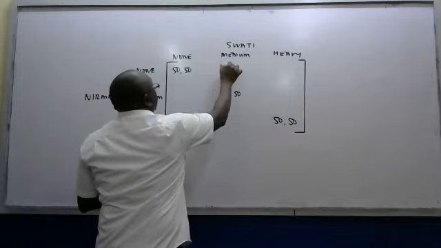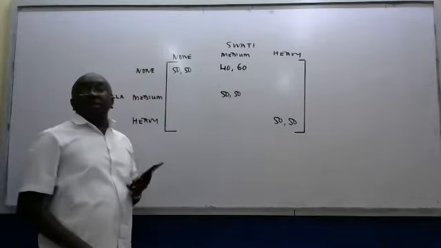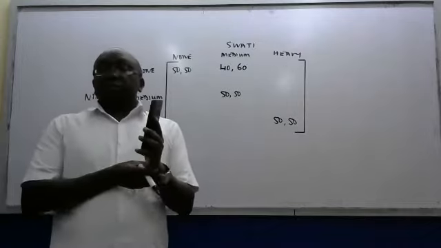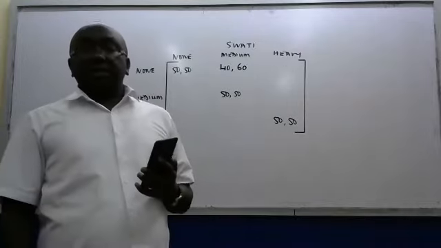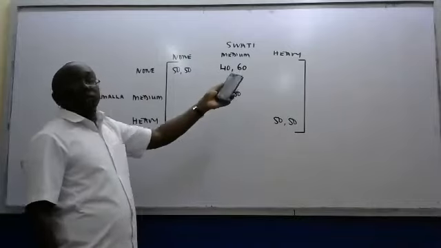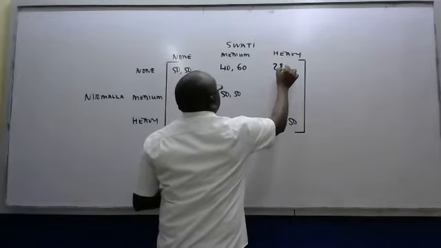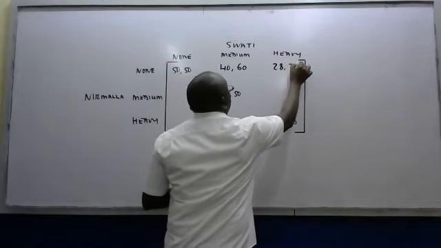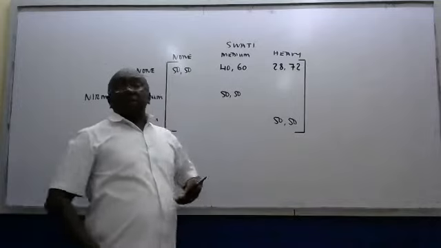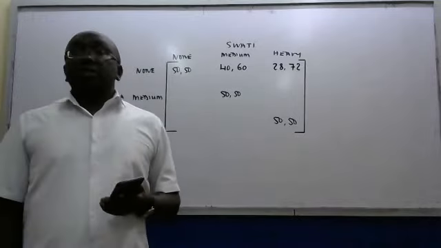So when they get 40%, then Swati will get 60. And then, if Swati goes for heavy, Nimara will get 28, so Swati will be left with 72.